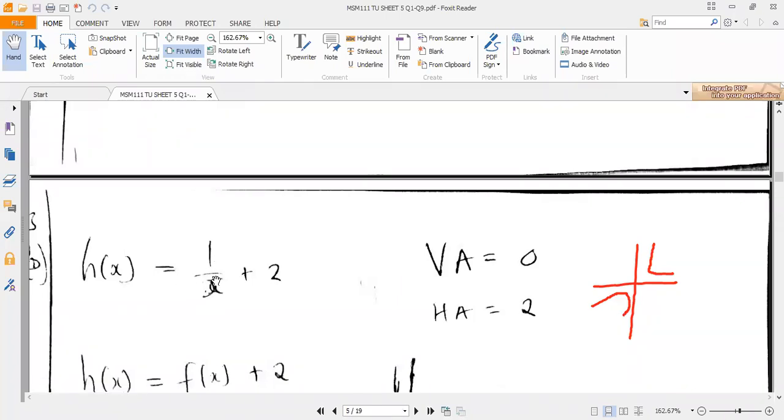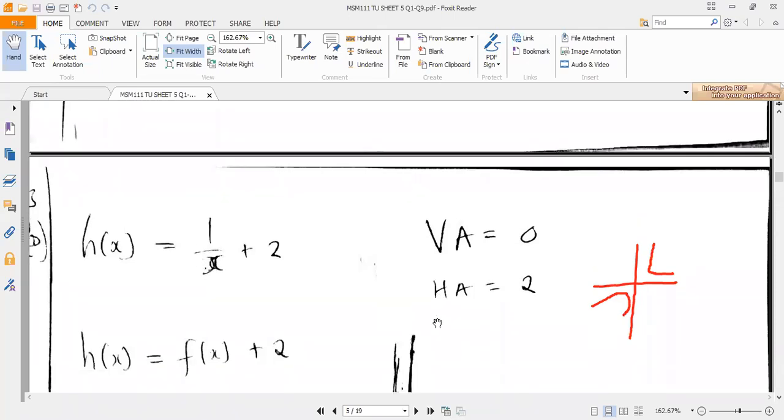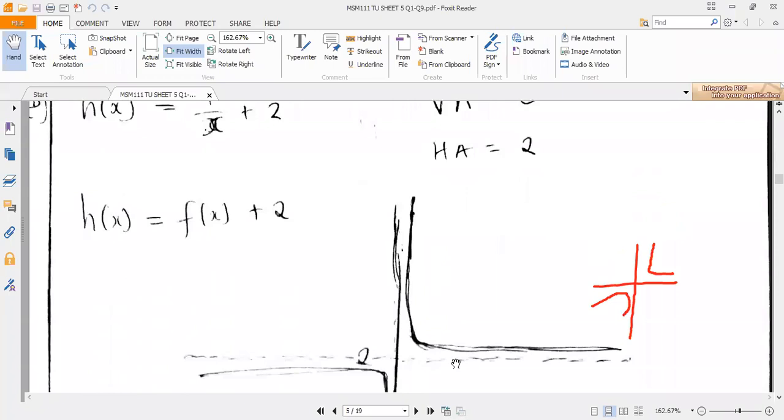But if you remember how to graph this, isn't it? Let's say if we're graphing 1 over x, right? When you pick the positive side, it will be 1 over 1. You have 1 over 1 there. If you start going this way, when you pick 2, it will be 1 over 2, isn't it? So the graph will be like this.